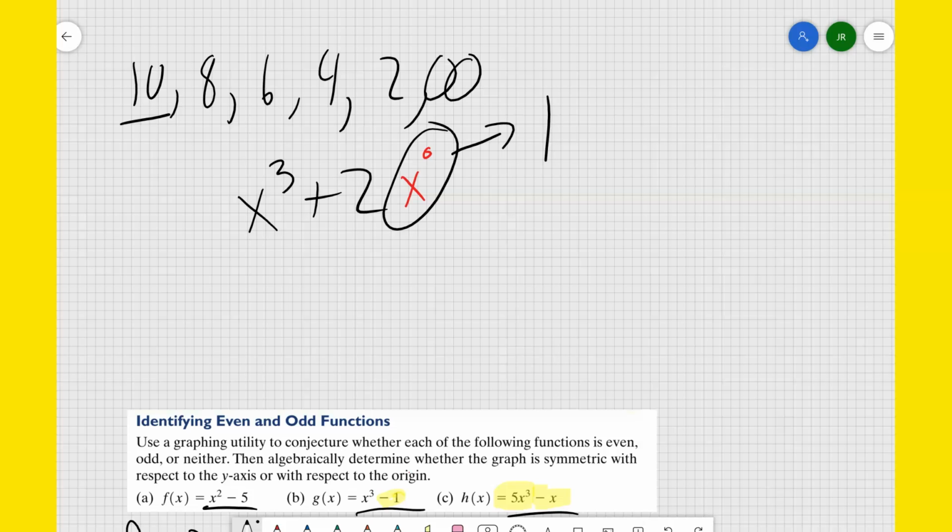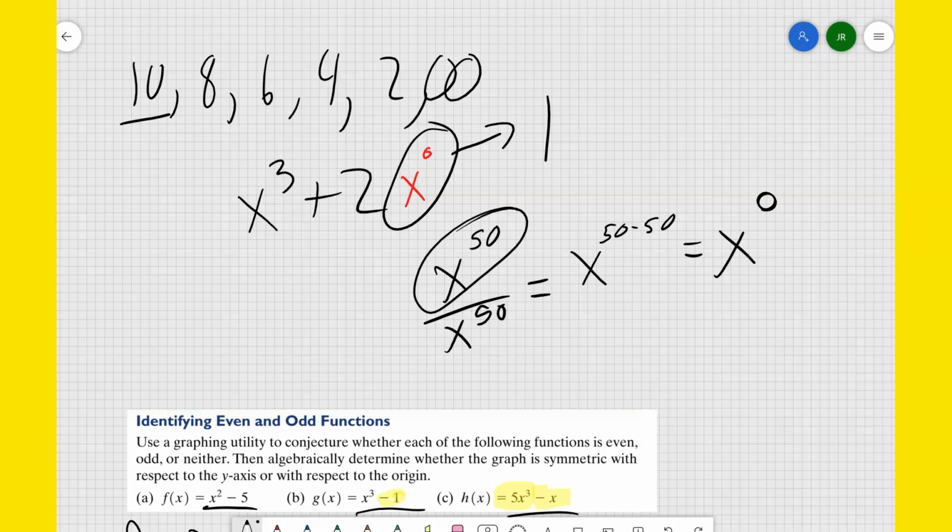Okay, that may seem strange. I want to convince you that that's true and that makes sense. Here's why. Let's say you have x to the 50th over x to the 50th. You remember what you do when you divide like bases? You subtract their exponents. So this becomes x to the 50 minus 50. Well, what's that? That's x to the 0. But what is anything over itself?